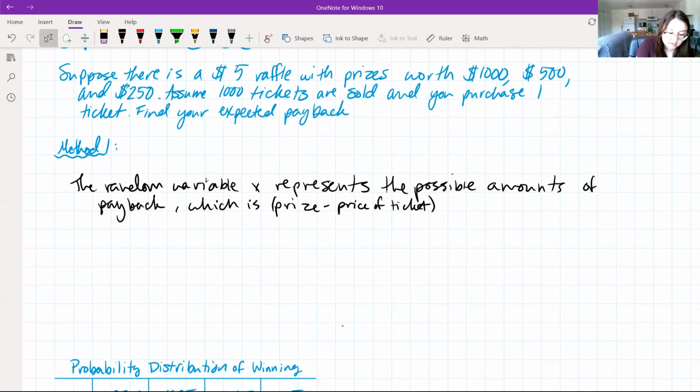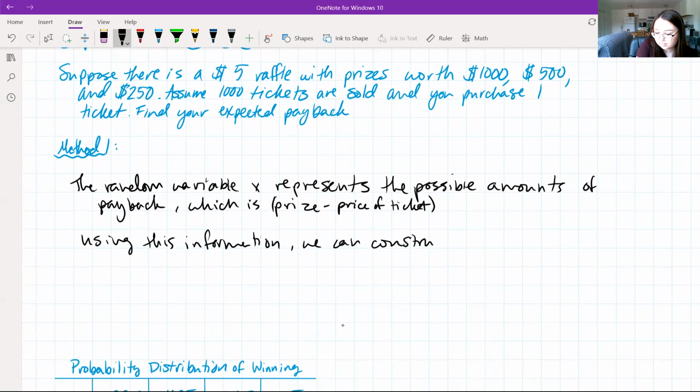Then we can say, using this information, we can now construct our probability distribution.